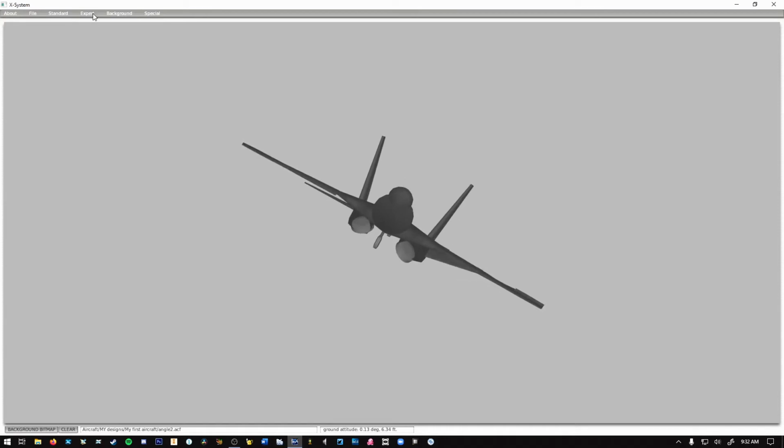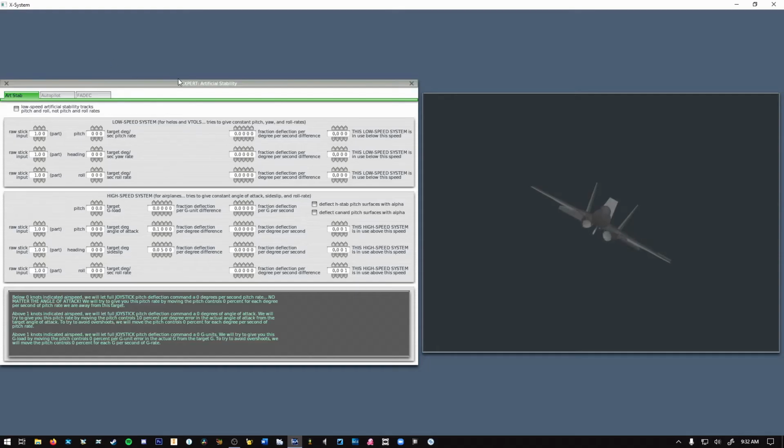So to model your artificial stability system, you want to go to Expert, and hey, surprise, surprise, artificial stability. And so here in the artificial stability page, there are two kinds of artificial stability you can have. You can have a low-speed system and a high-speed system.